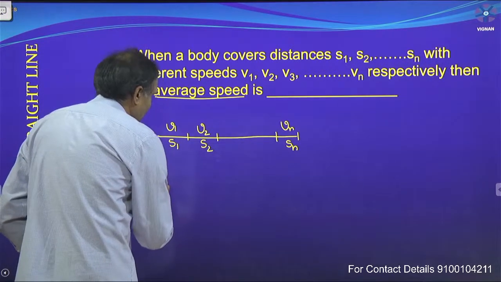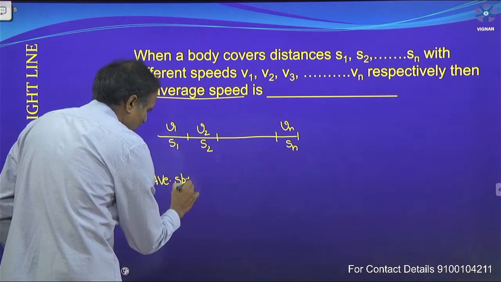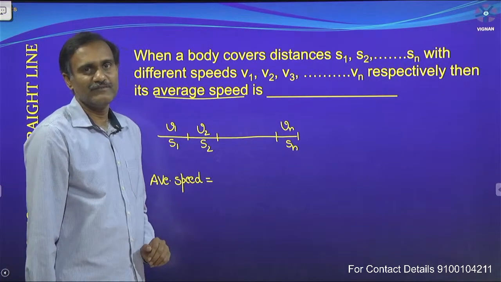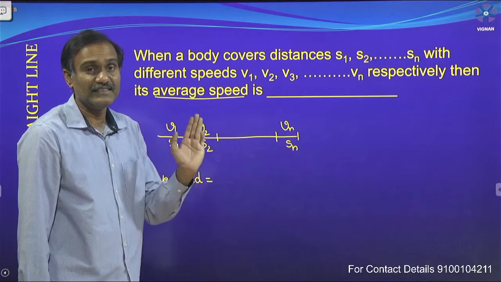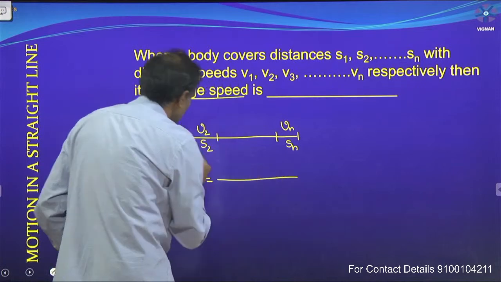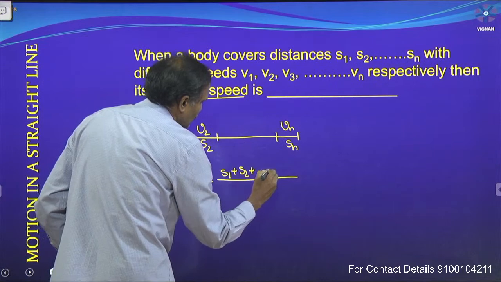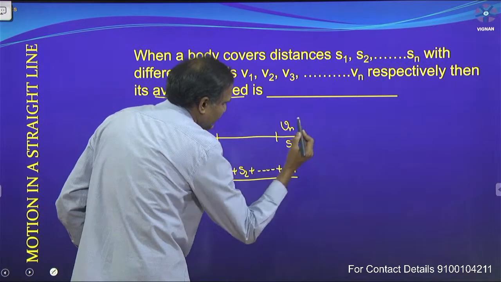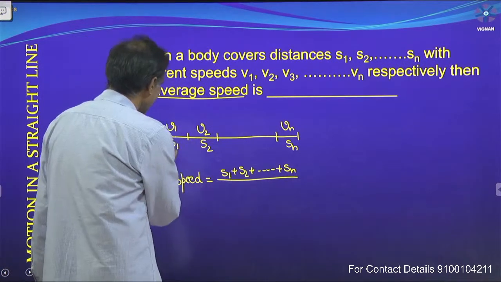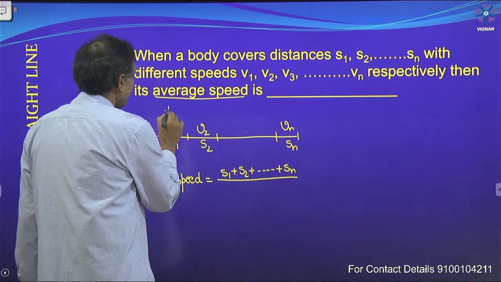Now we are going to calculate average speed. Simple one also. Tell me the definition for average speed. Total path length traveled by the particle divided by total time interval. In this, total length of the path is S1 plus S2 plus so on Sn. I want to consider for this displacement S1, it takes the time t1 seconds.